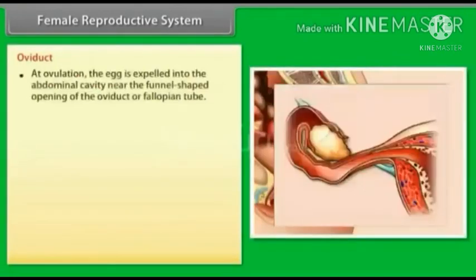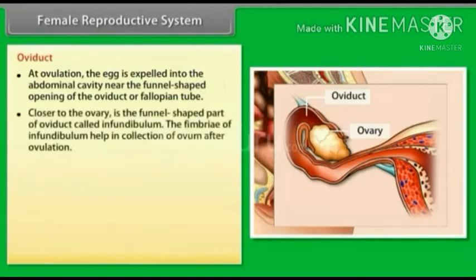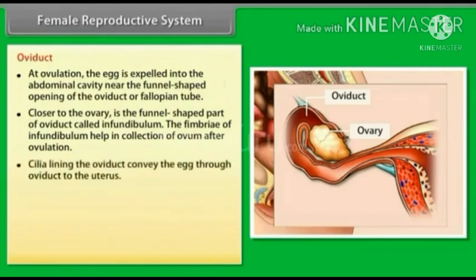Oviduct. At ovulation, the egg is expelled into the abdominal cavity near the funnel-shaped opening of the oviduct or fallopian tube. Closer to the ovary is the funnel-shaped part of the oviduct called the infundibulum. The fimbriae of the infundibulum help in collection of the ovum after ovulation.